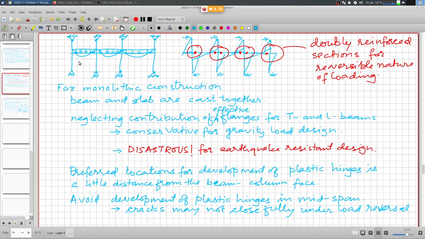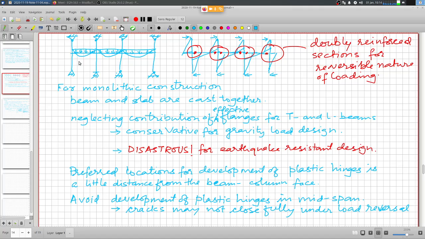But in the case of lateral load, the beam moments are to be countered by the column moments. And therefore, it is important that the dimensions and actions of beam and column have to be very complementary, and they have to participate in the load resistance together.